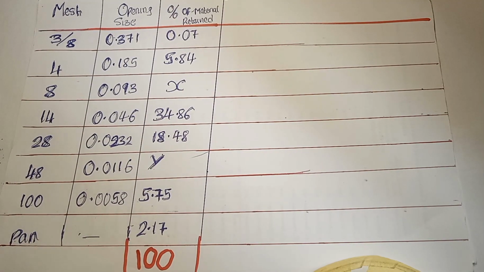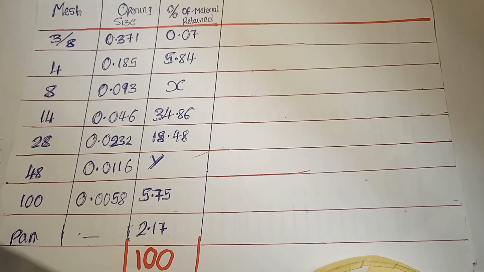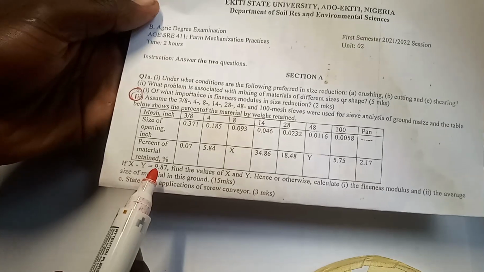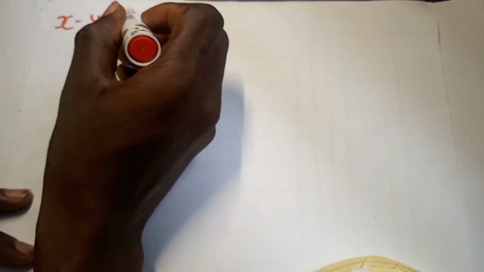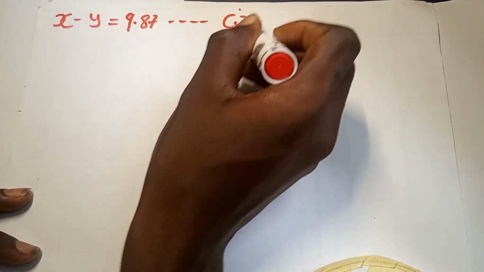First, I want you to write out the equation and call this equation 1: x minus y equals 9.87.